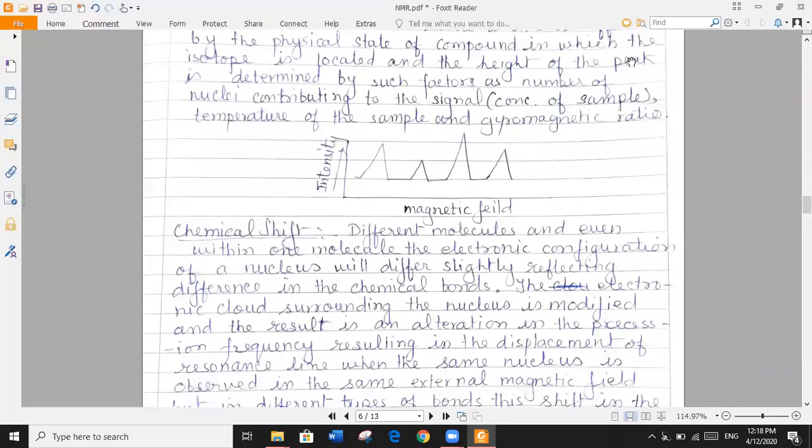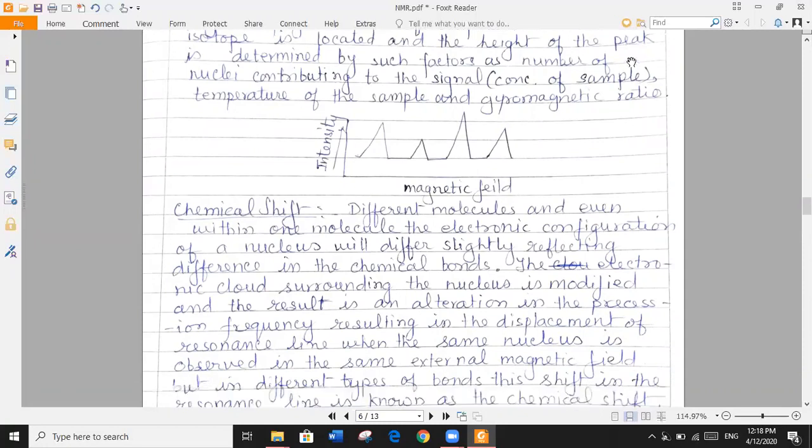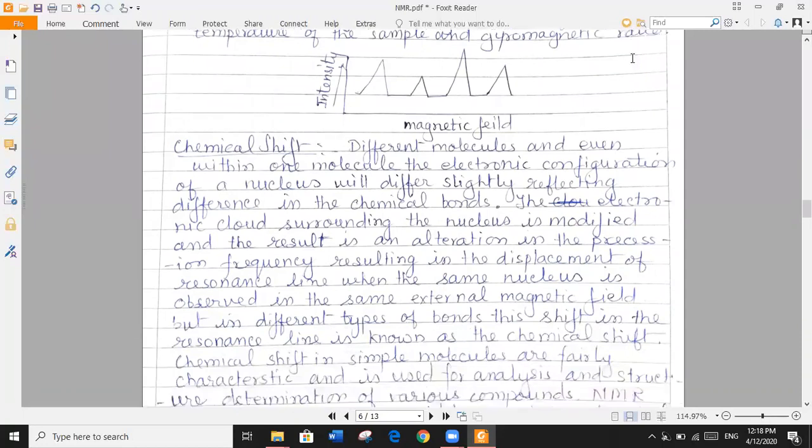There is one important factor linked to NMR, which is chemical shift. Now, what is chemical shift? In different molecules, and even within one molecule, the electronic configuration of a nucleus will differ slightly, reflecting the difference in chemical bonds.